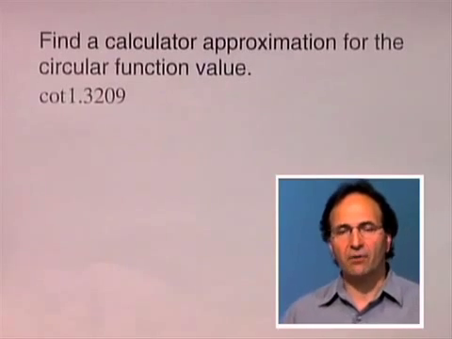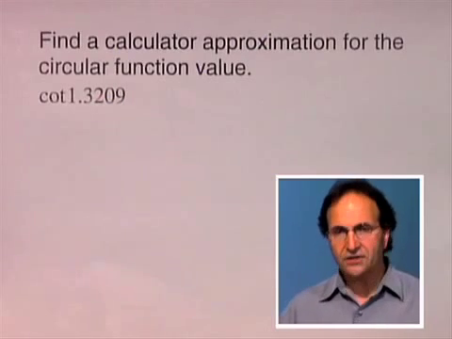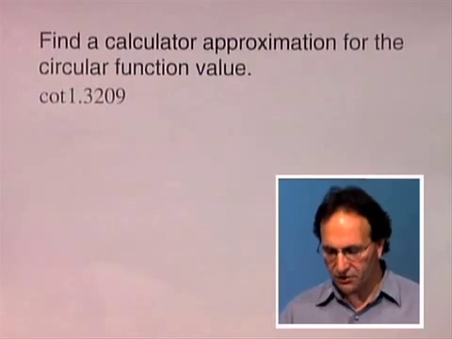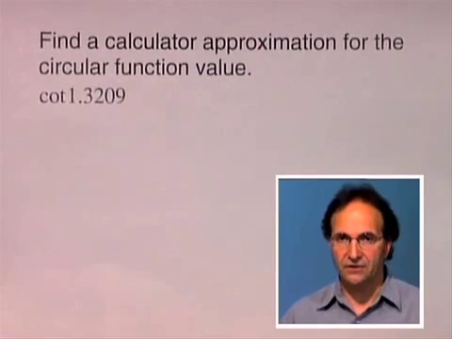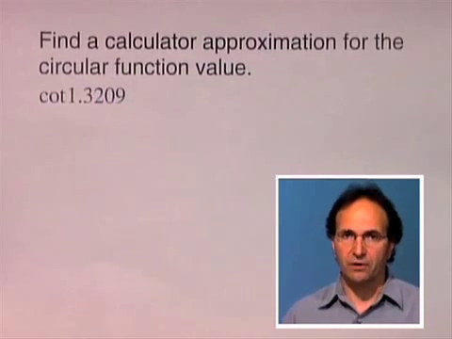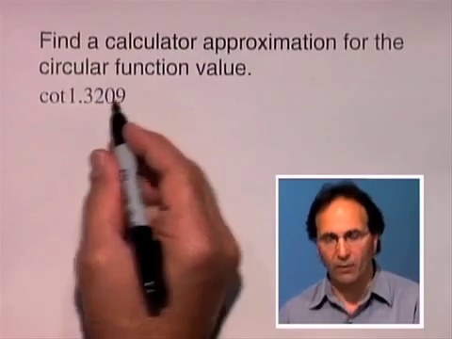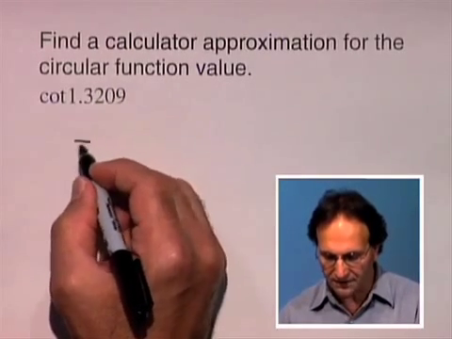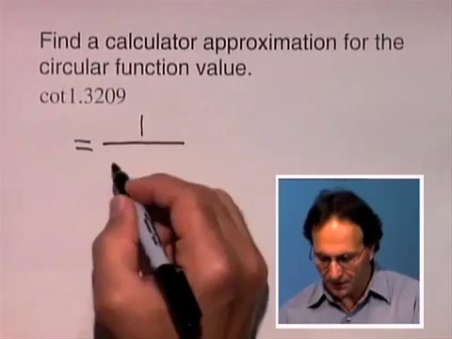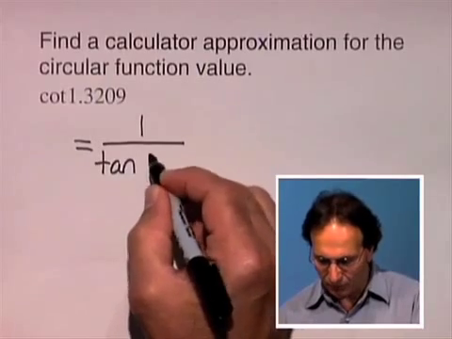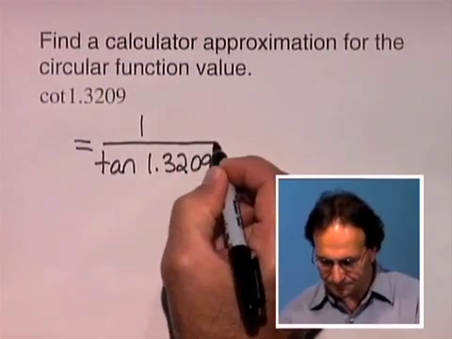Find a calculator approximation for the circular function value cotangent of 1.3209. Now, of course, the calculator does not have a cotangent key, so we'll use the reciprocal identity and say that cotangent of 1.3209 is equal to 1 over the tangent of 1.3209.